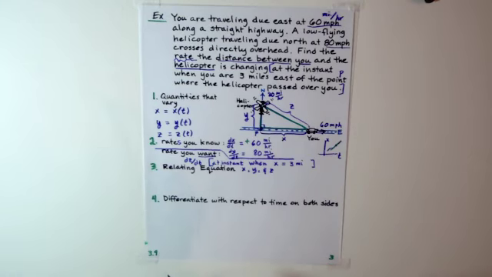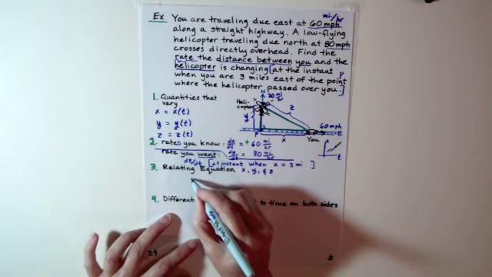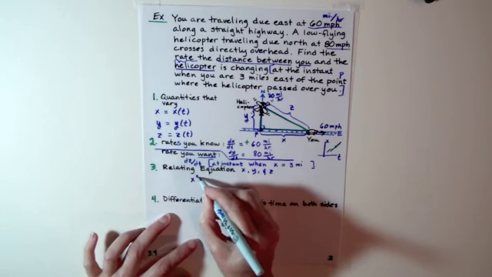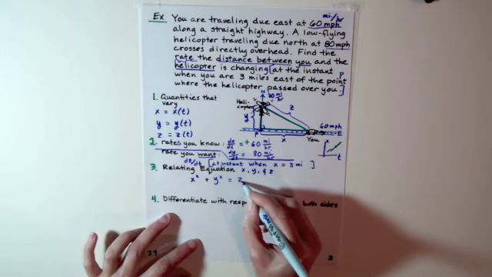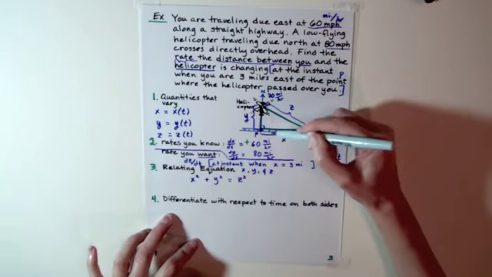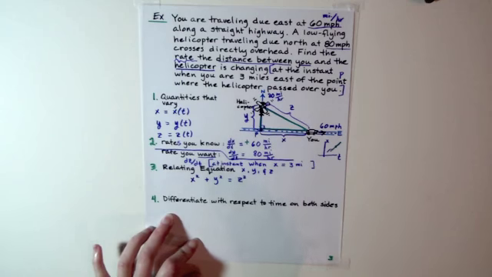Well, since it's a right triangle, what theorem applies? The Pythagorean theorem from geometry applies. And so I know that x squared plus y squared has got to be equal to z squared. x and y are the sides of the right triangle, and z is the hypotenuse. So that's just the Pythagorean theorem from geometry.